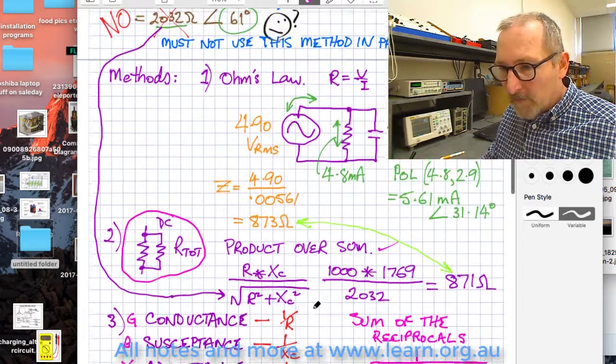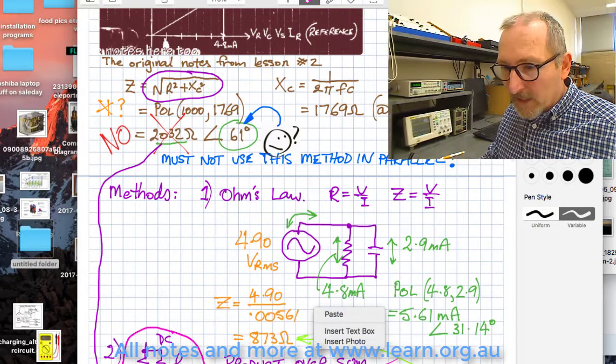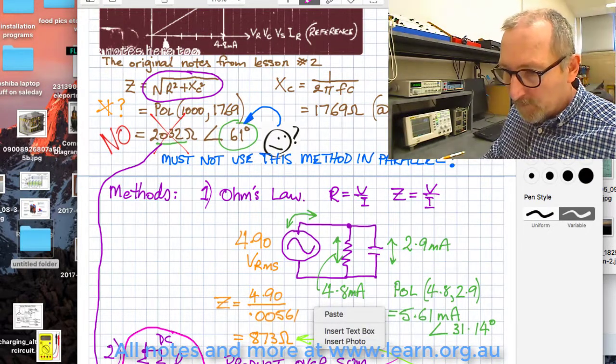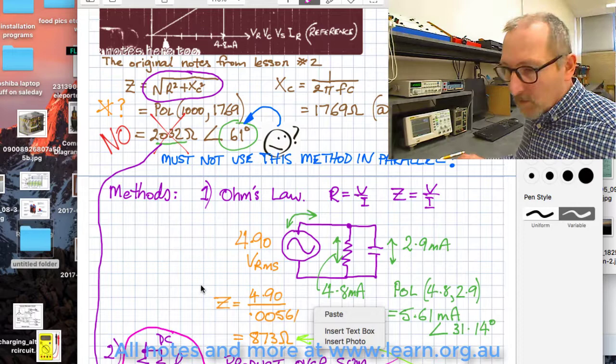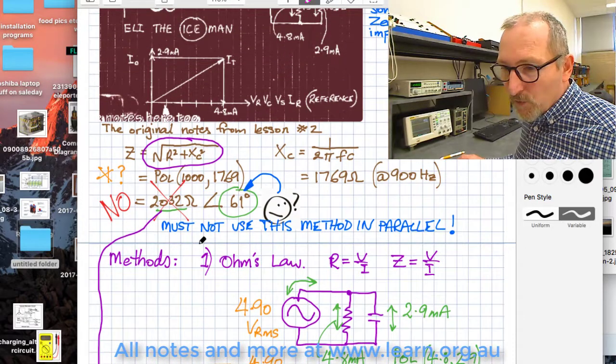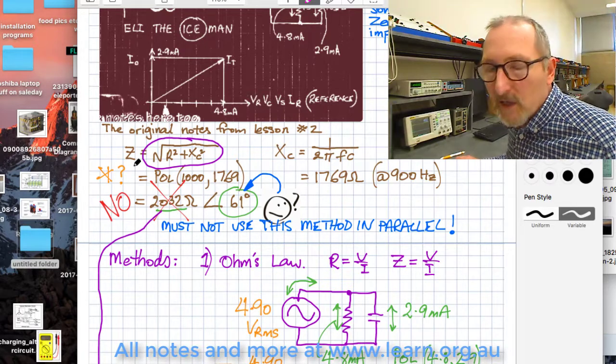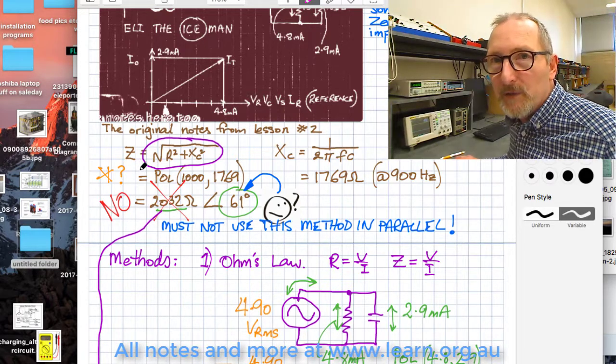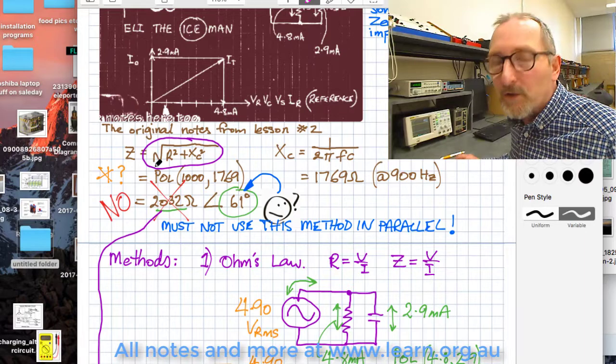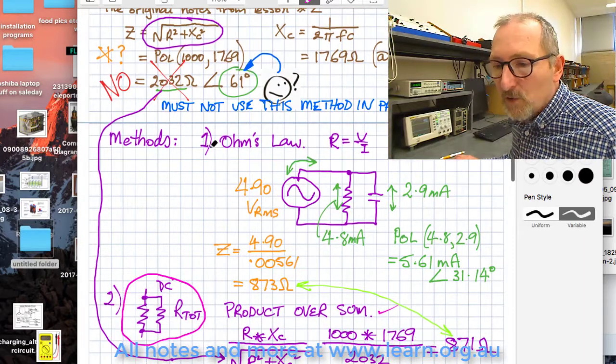So just to recap, you cannot use the same laws that we used for series RC circuits to work out the impedance with this type of circuit, which is a parallel circuit. You have to use either Ohm's law, and that's the most commonly used one.